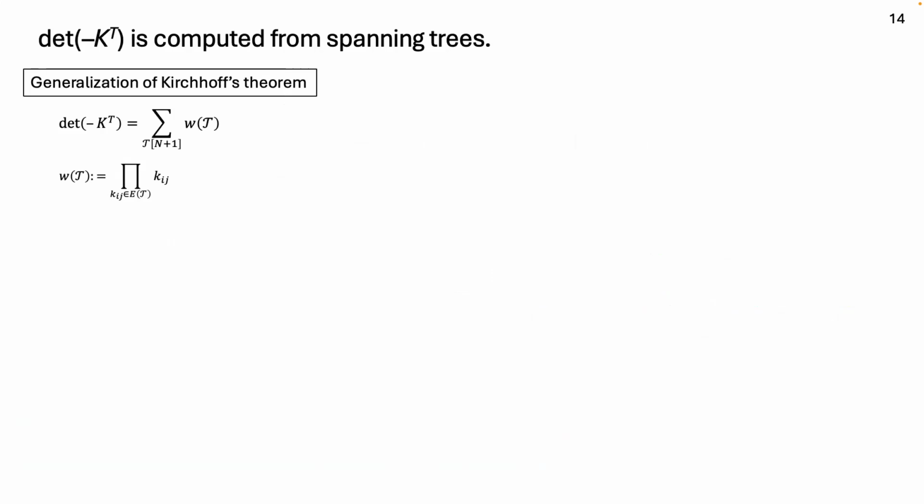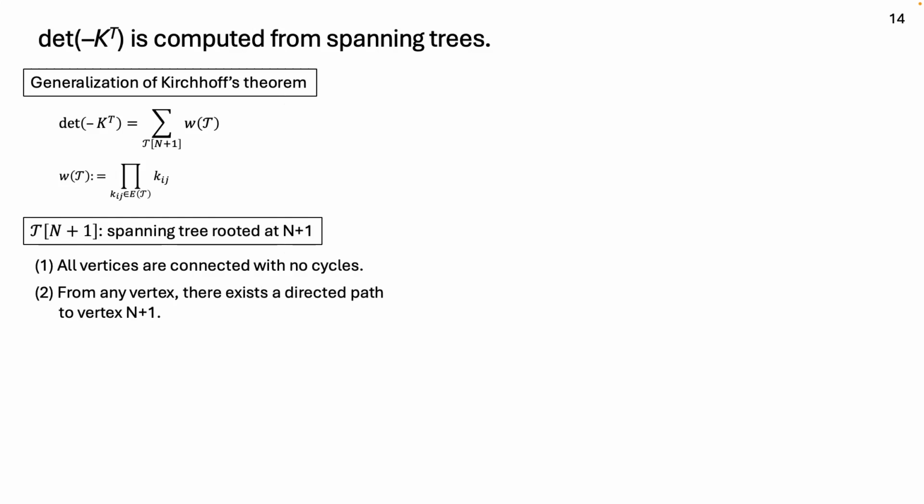According to graph theory, according to the generalization of the Kirchhoff theorem, the determinant can be written here. But this E of n plus 1 is called a spanning tree rooted at n plus 1.